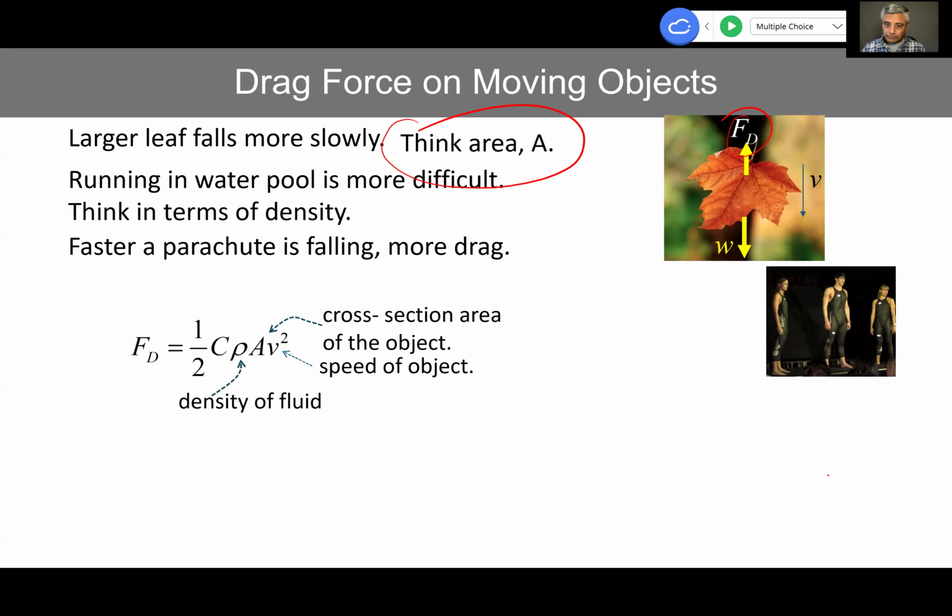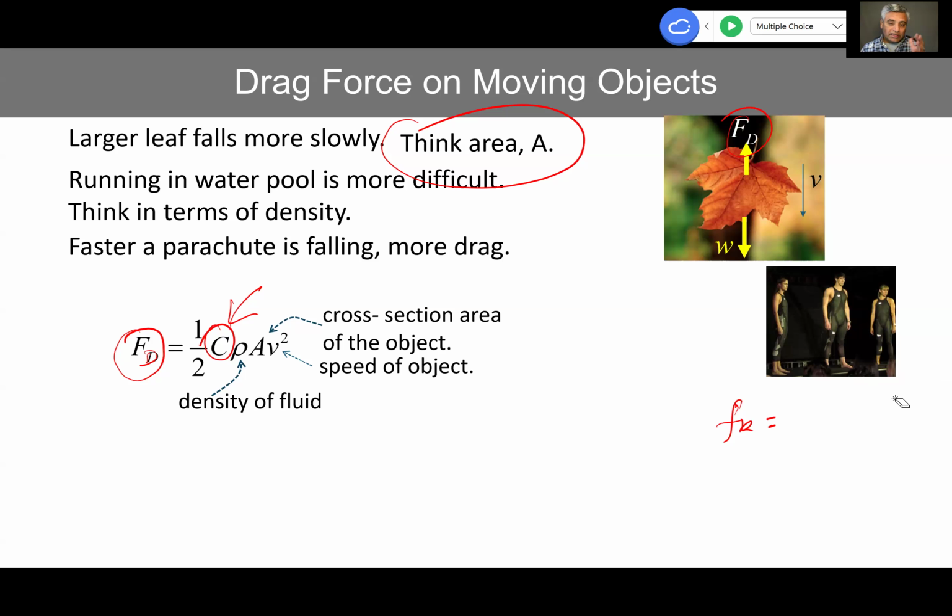To identify drag force, I have written this with the D subscript. And this is what we call the drag coefficient for the material. It's like in the friction equation, where we have the friction coefficient times normal force. So it's like that constant here that depends on the size and shape of the object.